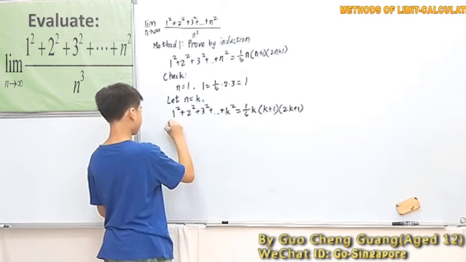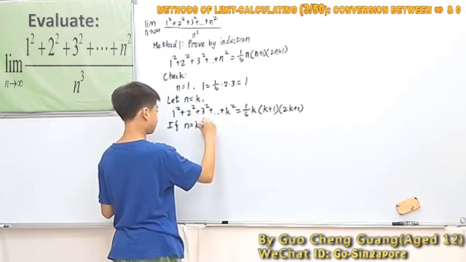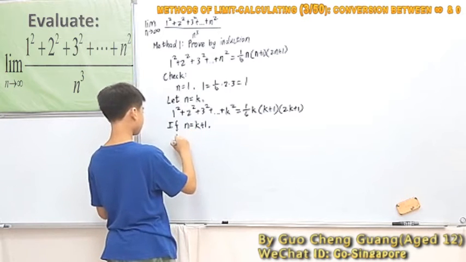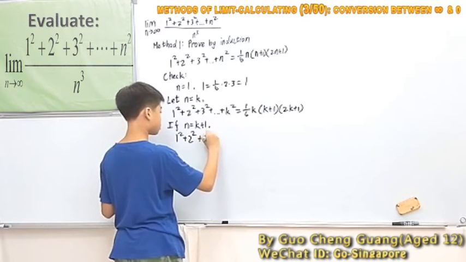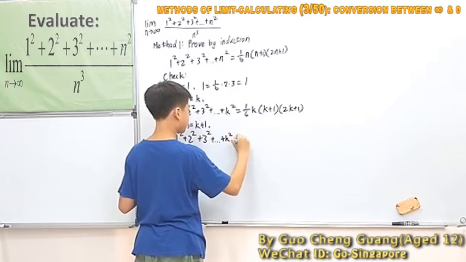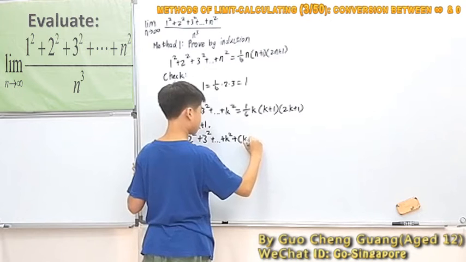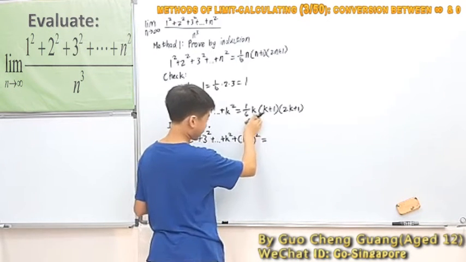But what if n is equal to k plus 1? So 1 square plus 2 square plus 3 square all the way until k square. Then another term, k plus 1 square. But what if we just write this down first?